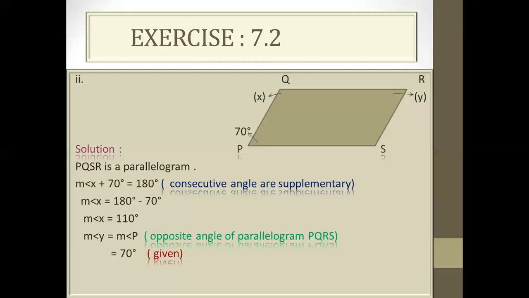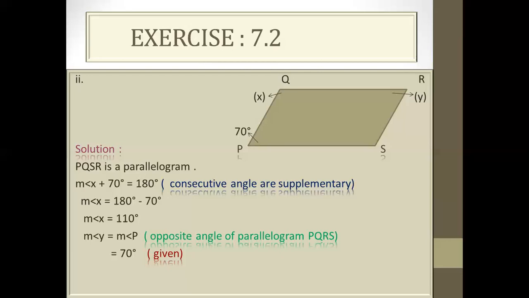We shift 70 to the other side. 180 minus 70 is 110. So the measurement of angle X is 110 degrees. Angle Y is 70, the reason being they are opposite angles of the parallelogram. X and 70 are consecutive angles of the parallelogram, so they are supplementary. We add and we get 180.